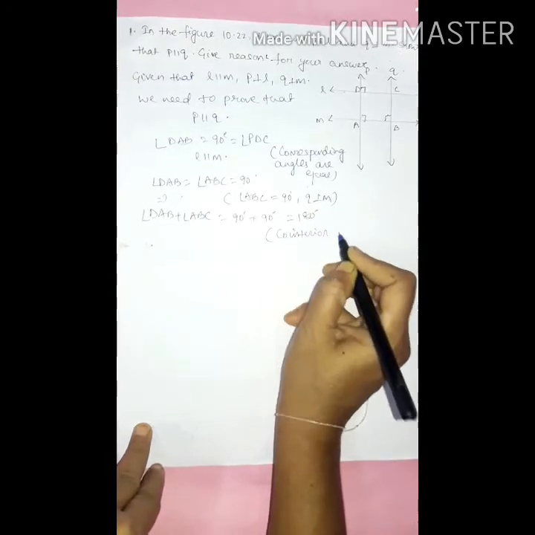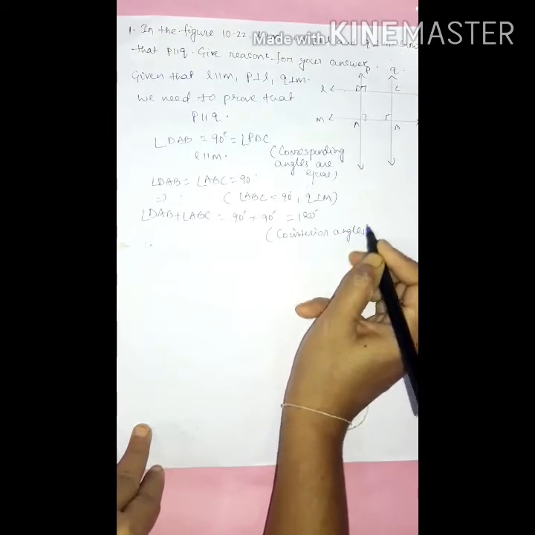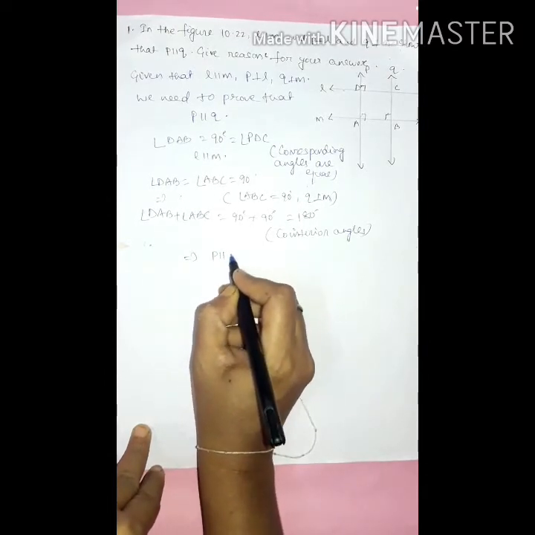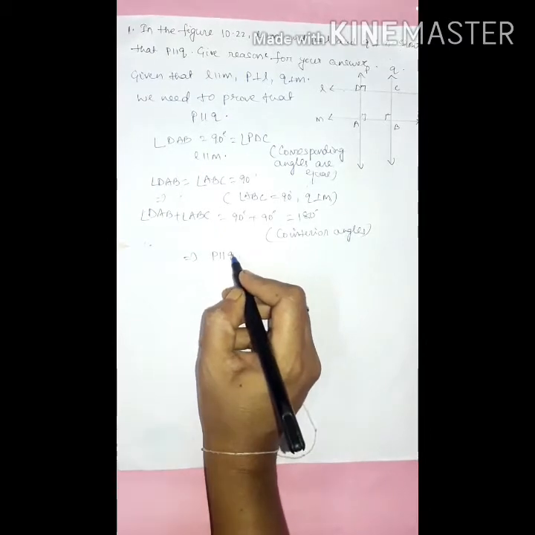The sum of co-interior angles is 180 degrees. This implies P is parallel to Q. This is the answer.